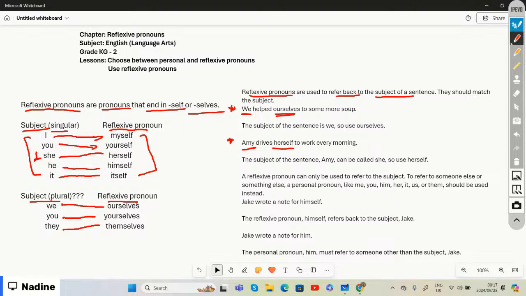All right. So if there's a noun, you can just replace that noun with a pronoun, and that will make it easier.